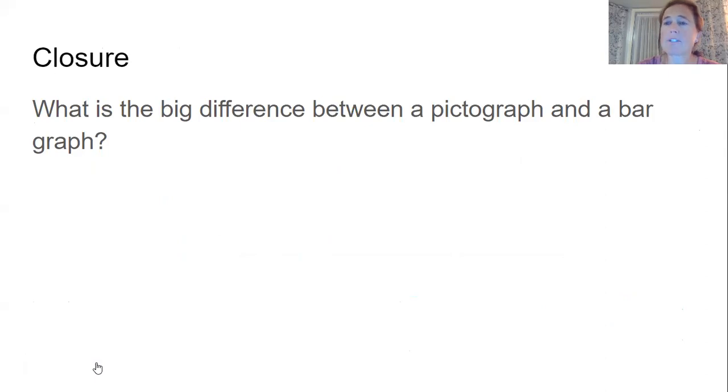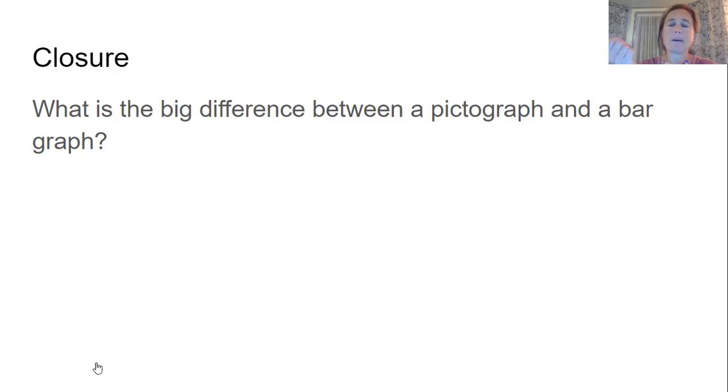A bar graph is going to have bars that tell you how much each category is worth, or how many times they did that particular category. Whereas a pictograph is going to use an actual picture or part of a picture to show you how many times that happened.